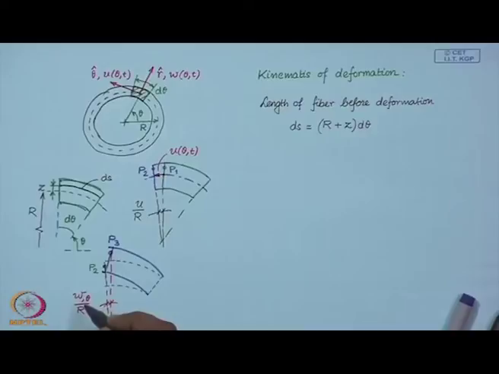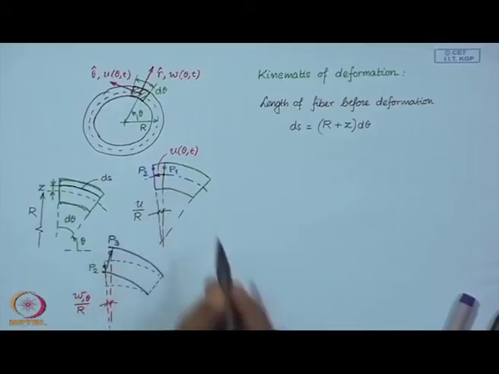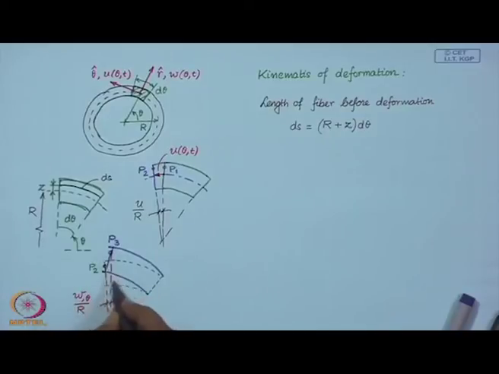So, it is del w by del theta times 1 over r. That is nothing but the slope of the center line, because w is the deflection of the neutral axis. That multiplied by z, where z is the distance of this point from the neutral fiber, is the deflection.